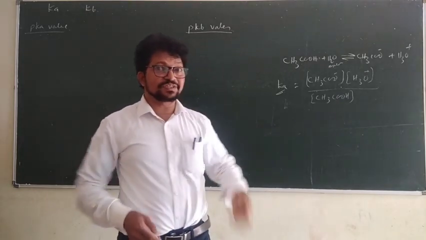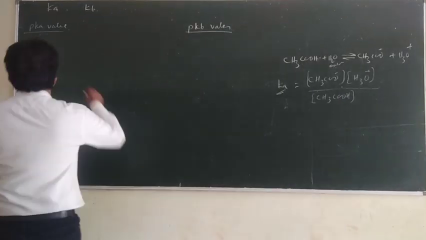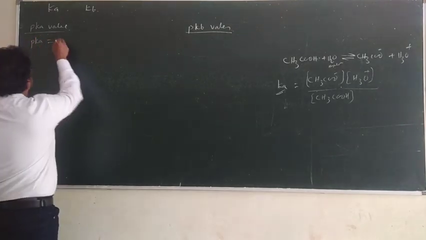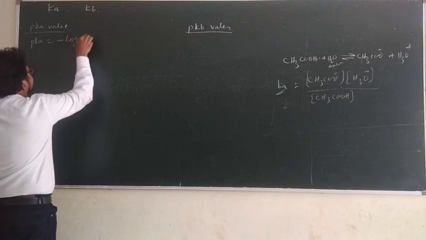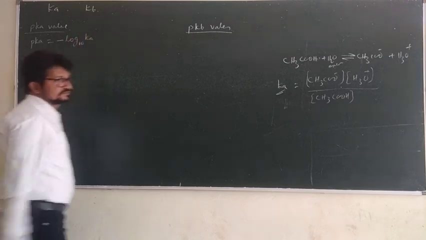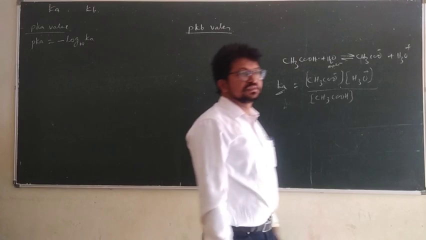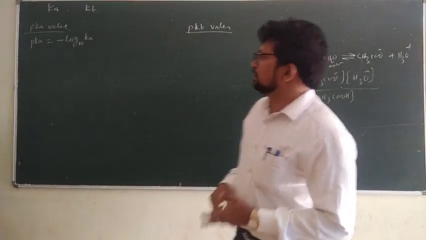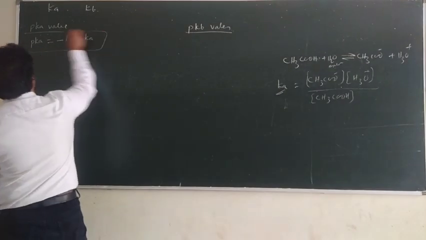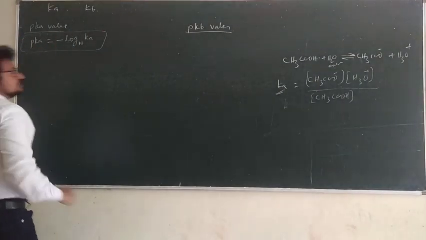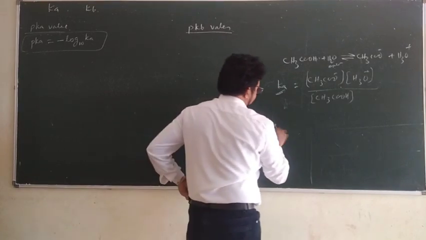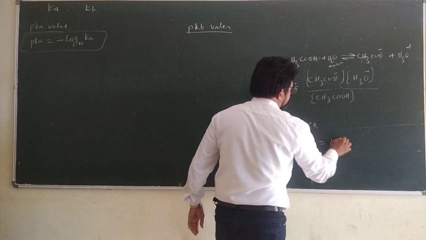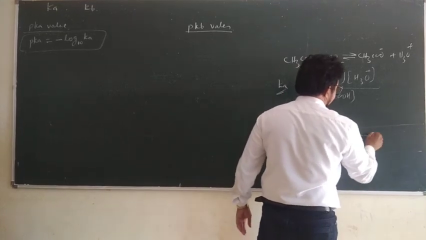Now what happens when you calculate pKa? Look here. pKa is defined like pH, as the negative logarithm of Ka to the base 10. Ka depends on the nature of the acid and temperature also. For example, acetic acid at 298 Kelvin, Ka is 1.8 into 10 raised to minus 5.